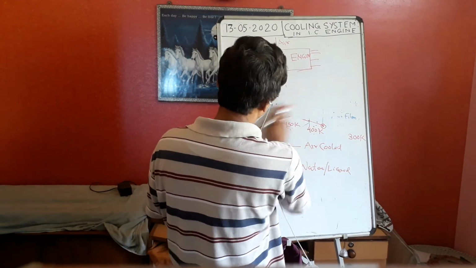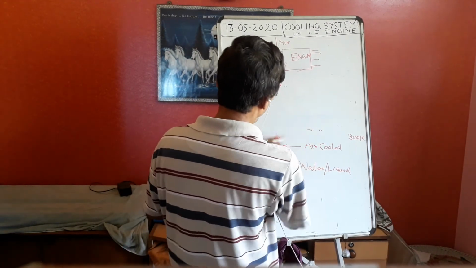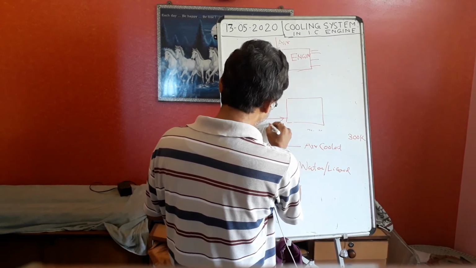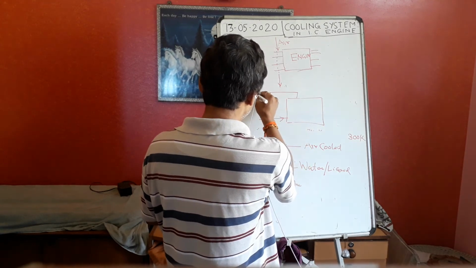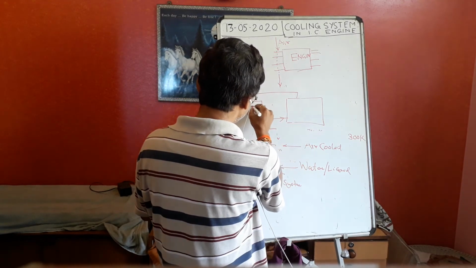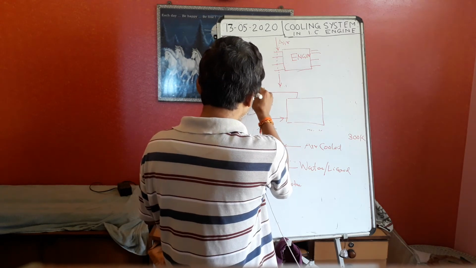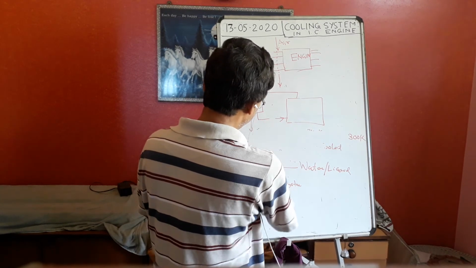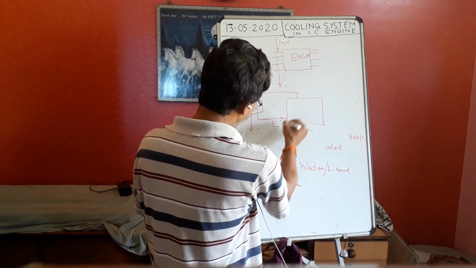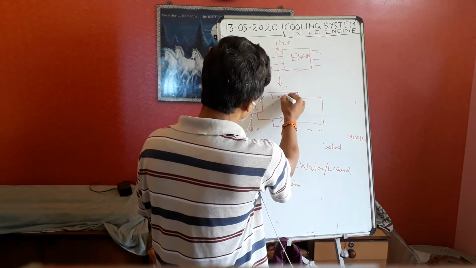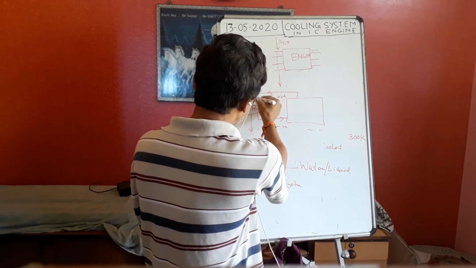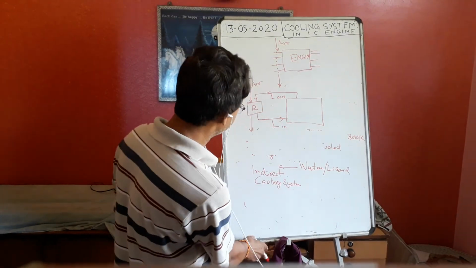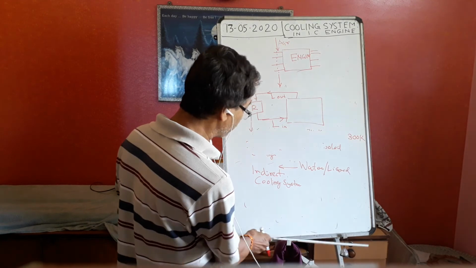But in the case of water cooled, this is my engine. Water or liquid goes inside the engine and takes out heat. Then there is a radiator, and air passes through the radiator and takes out the final heat. This is the liquid inlet, this is the liquid outlet from the engine. It takes the heat and goes to the radiator, and the air finally takes out the heat.